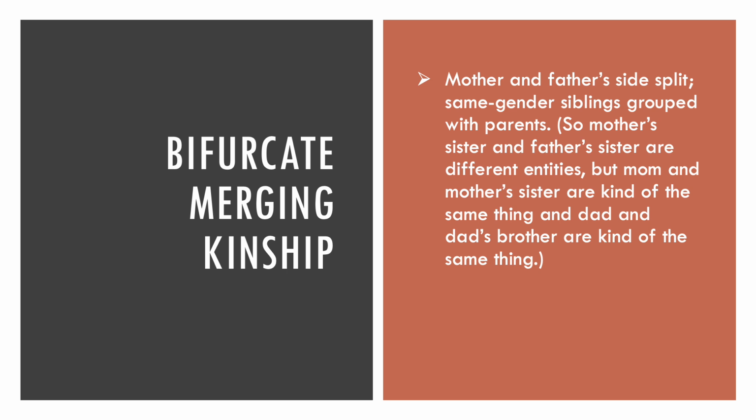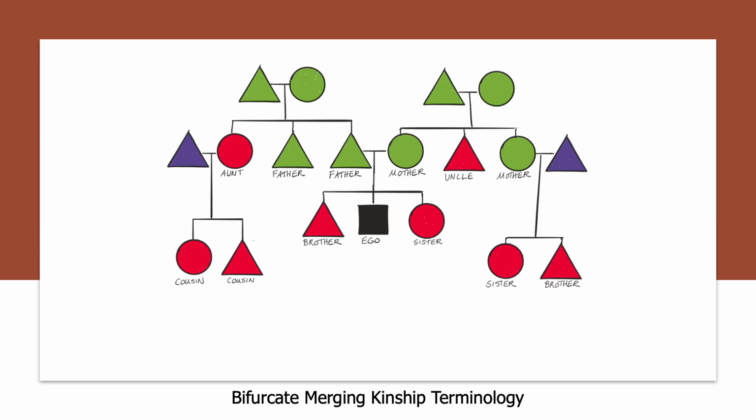And we saw a system like this in the Yanomamo kinship chart from last time. This is associated with unilineal descent groups. And if you think about it, it makes sense. Let's look at the chart. Imagine that you're growing up either in a patrilineal or a matrilineal family group.